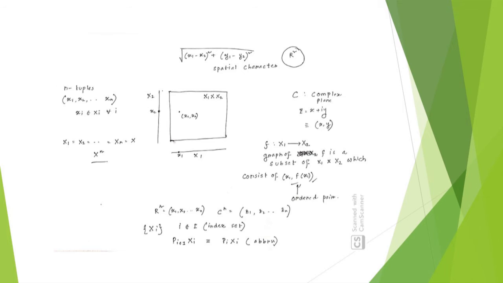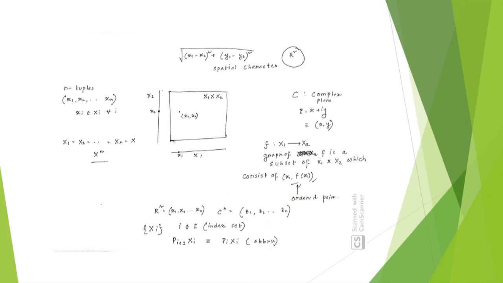The mapping small pi of the product onto its ith coordinate set Xi, which is defined by pi of x equals xi, that is, the mapping whose value at an arbitrary element of the product is the ith coordinate of the element, is called the projection onto the ith coordinate set.